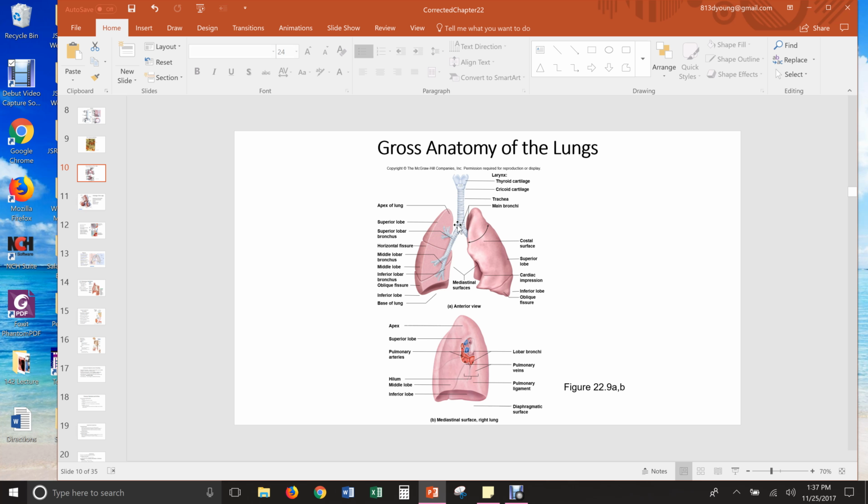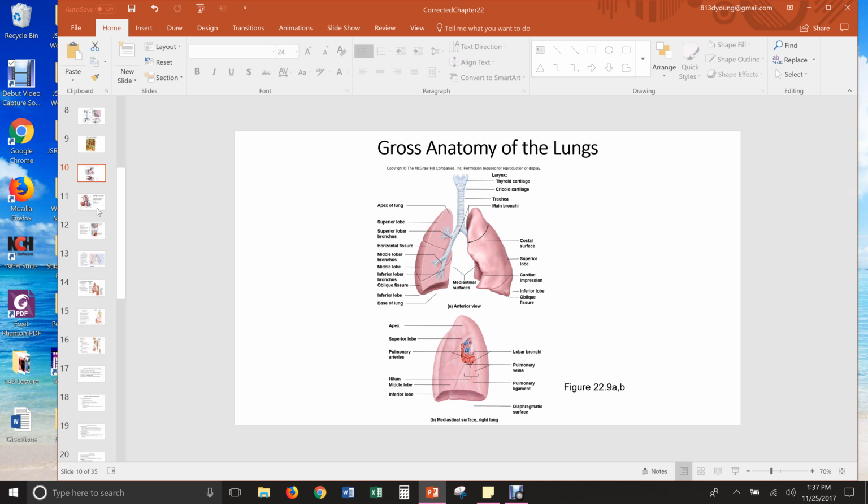So we're going to have our main bronchi leading into primary bronchi, leading into secondary. On this side, it would be 1 branch, a second branch, and then we get into tertiary branches, where we begin to see branching into the lung.